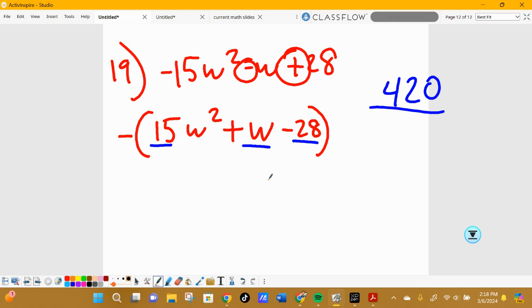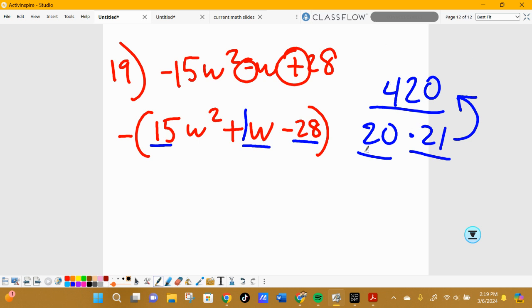But by trial and error, 20 times 21 is 420. If I subtract 20 from 21, I get 1.